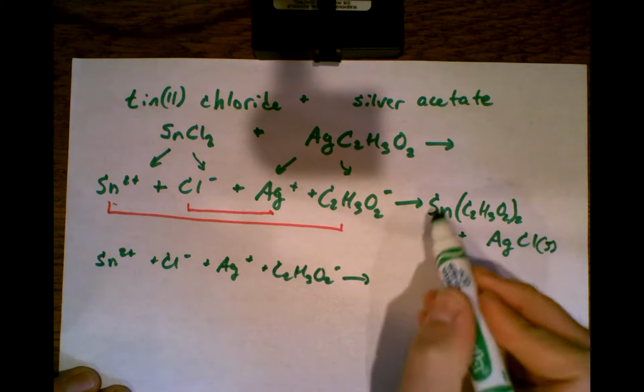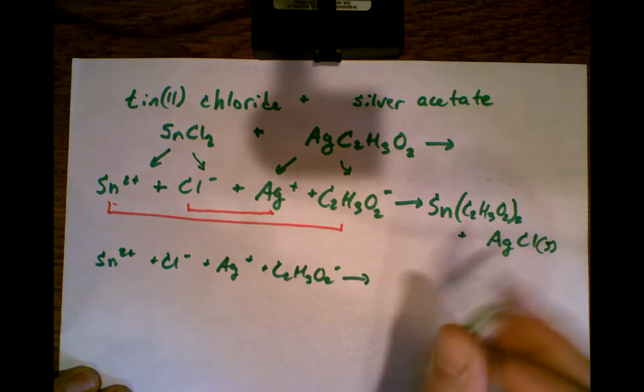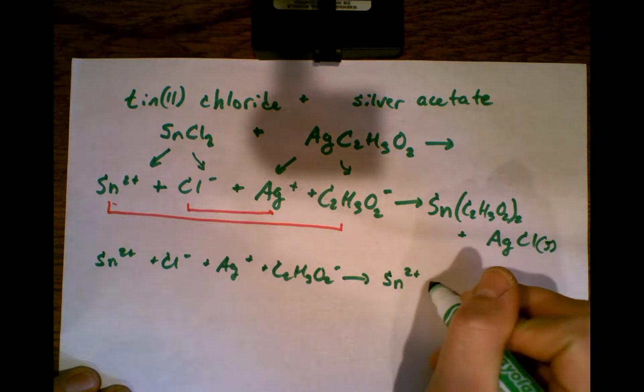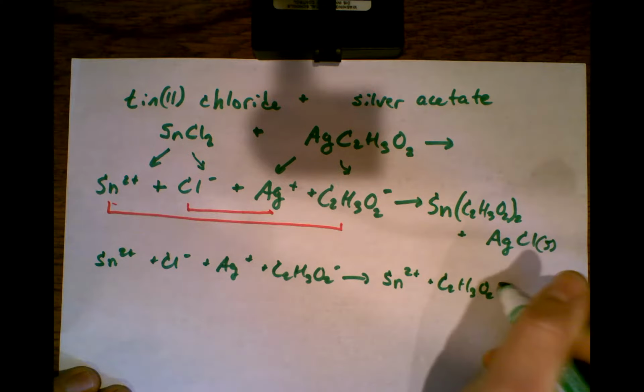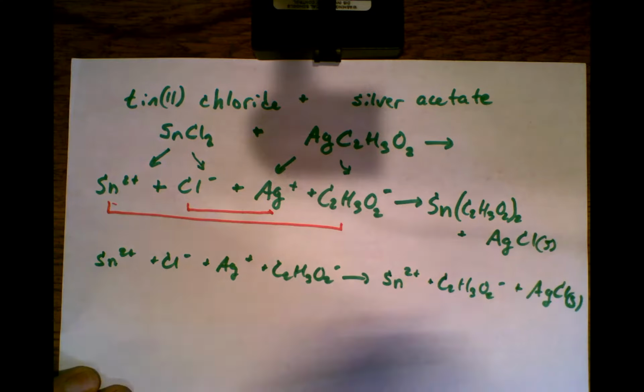And instead of writing tin acetate, this is still just going to be ions. Okay, so I'm going to make this Sn2+ and C2H3O2 minus, and then I'm going to put my silver chloride solid. So it's important that you put that little solid in parentheses.